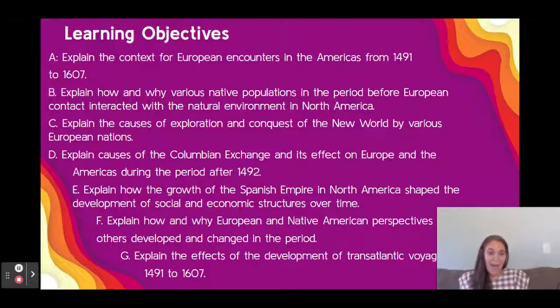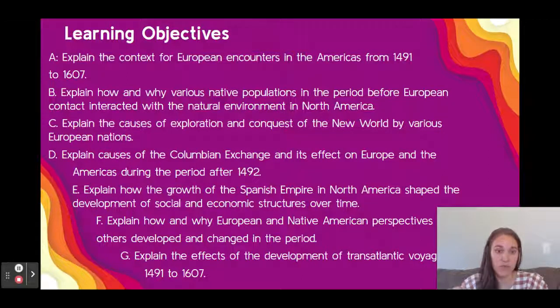So last, this is how I tell my students to review for exams. To start with the learning objectives. This is what the College Board tells you have to know. So I just tell them, read each learning objective. So here's letter A. Explain the context for European encounters in the Americas from 1491 to 1607. And then you just try to answer it. Write a sentence or 2 where you describe what is happening in Europe in 1491.